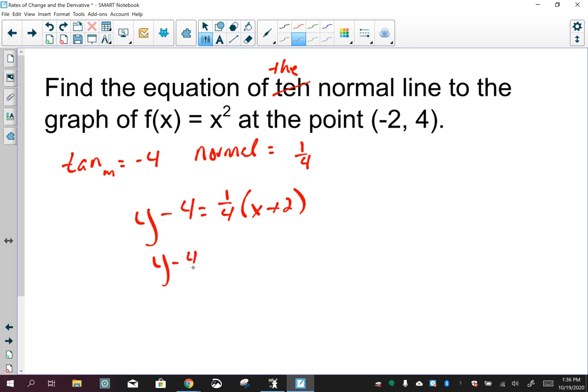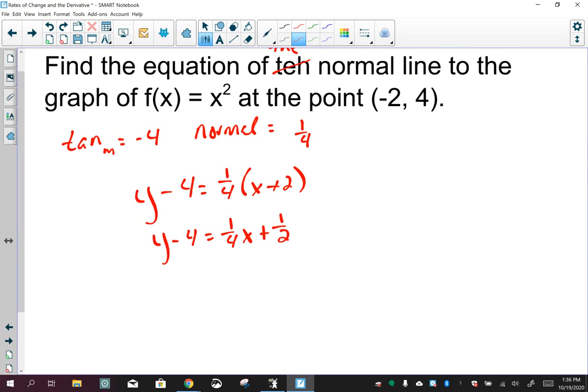So y minus 4 is equal to 1/4 x plus 1/2. And then I wind up with this going to 8/2, so I'm going to move that over.